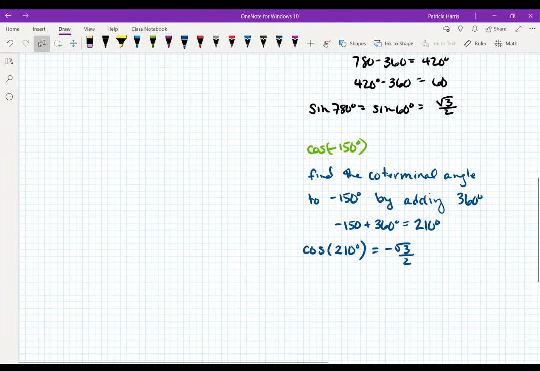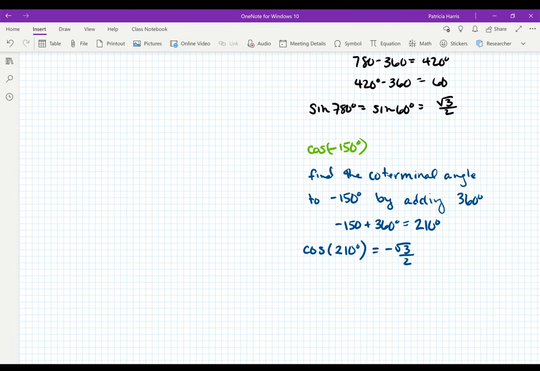Okay, now the cool thing about the unit circle is this thing also works backwards. So what I'm going to do is put in a second unit circle.